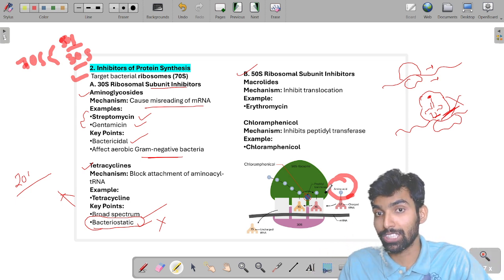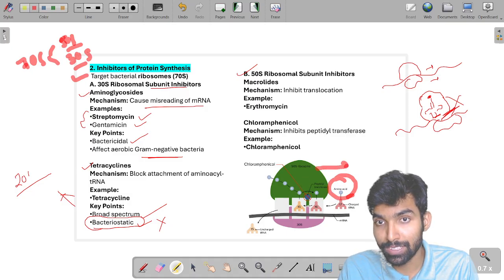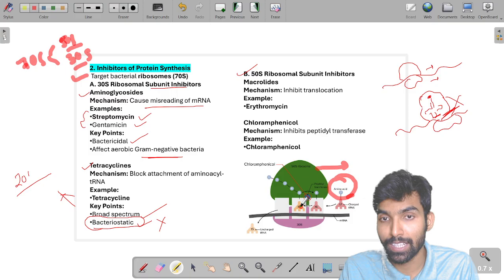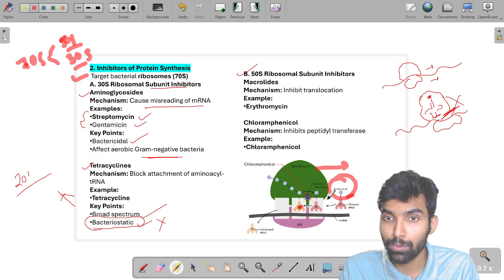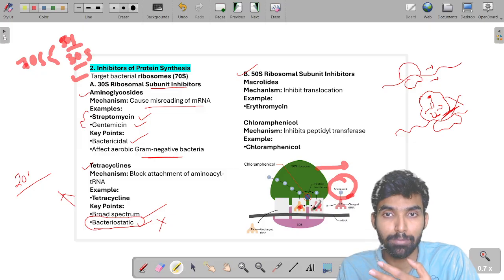This is called translocation. If the ribosome moves in this direction, this tRNA will go out, this tRNA will come here, and another new tRNA will come and occupy this place. This thing will happen. You understand my point?